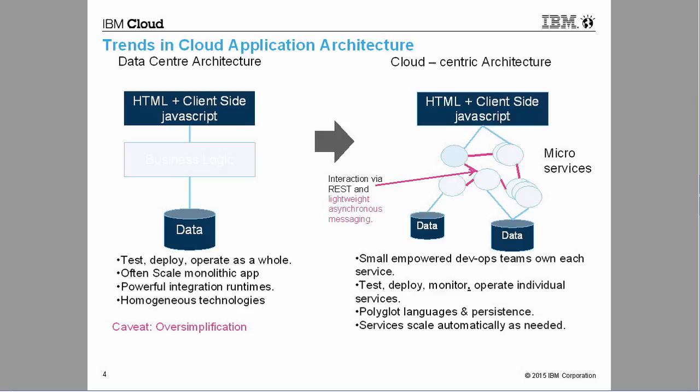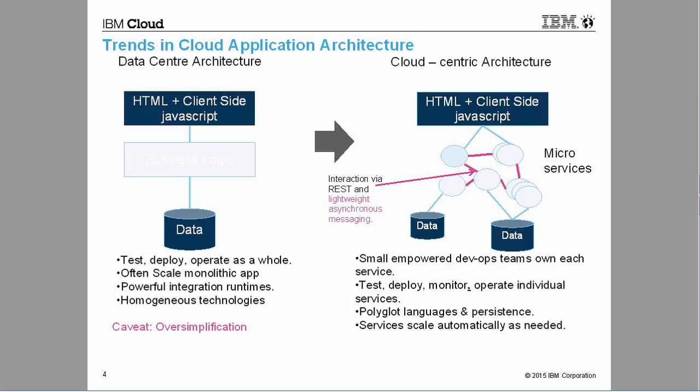Basically, it's on the client side, and all the business logic is on-premise in the data center. There are certain concepts written at the bottom, like test, deploy, and operation as a whole. All these are available for an application to be deployed and managed locally.